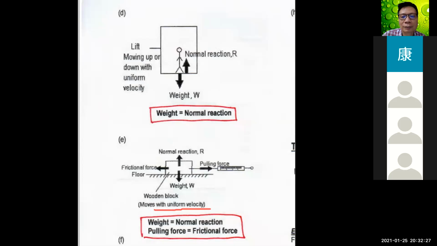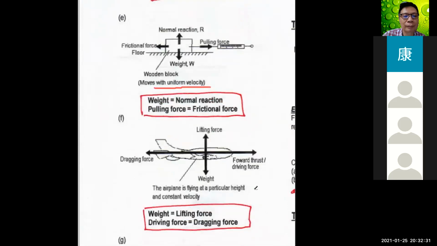Now you look at the aeroplane. Four forces also. These four forces for the aeroplane, you have to memorize the names. The weight goes down, the lifting force goes up, lifting up the aeroplane. And then the engine thrust, so you have forward thrust, which comes from the engine. At the same time, because the aeroplane flies, sure got air resistance.